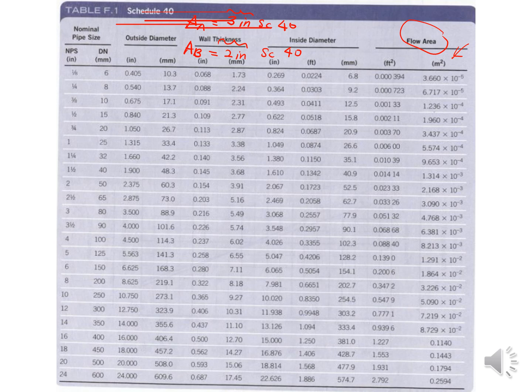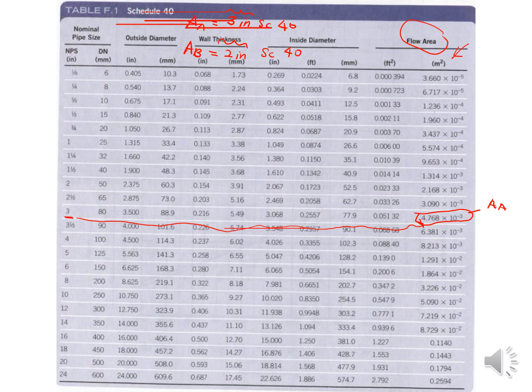At 3-inch, the flow area is supposed to be 4.768 times 10 to the power of -3. This is for AA.